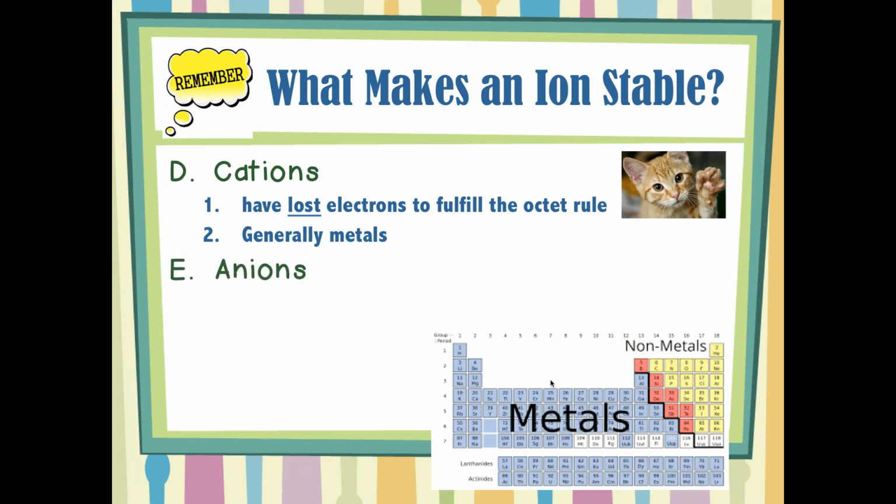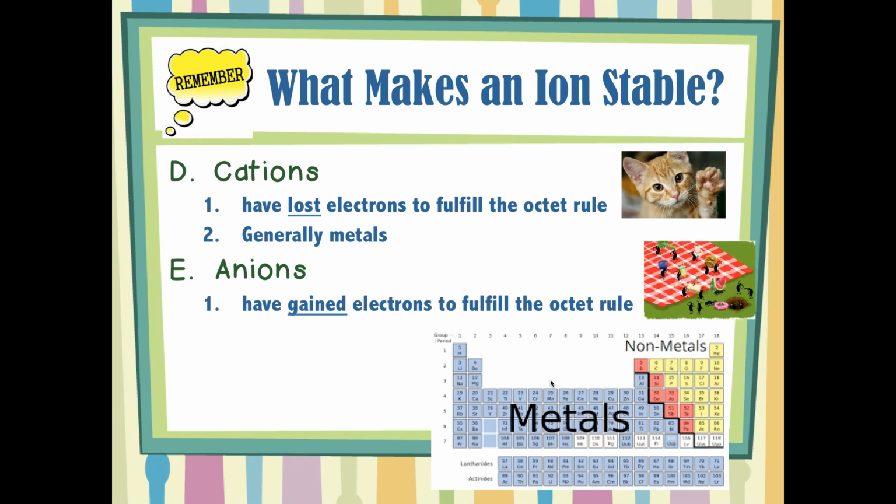Anions were the other version of an ion, and these have gained electrons. And my silly little thing is like, oh, it's negative to have ants at your party, right? So an anion, like ants, so that's negative. But the point is that they gain electrons. It's the opposite of a cation. And then again, this is generally the non-metals. So if you look at where they are on the periodic table, if they're on this side, they're likely to have their s's filled and part of their p.